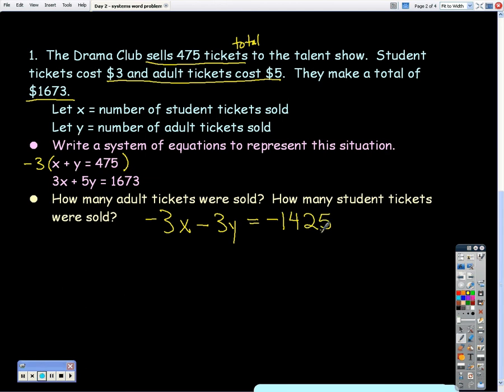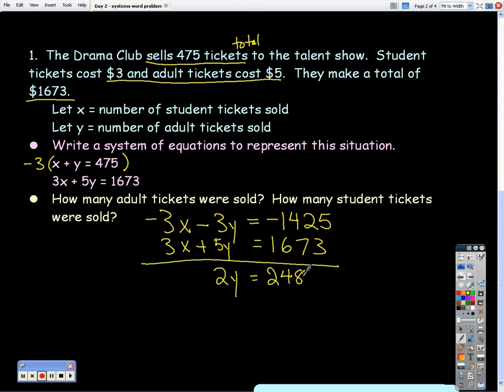Now I'm going to write the second equation right below it. I'm going to add down and I get 2y equals 248. Divide by 2. And we get y equals 124, and that is adult tickets sold.